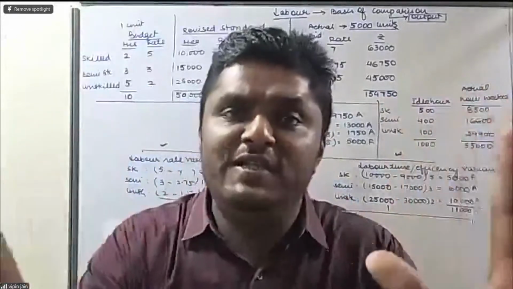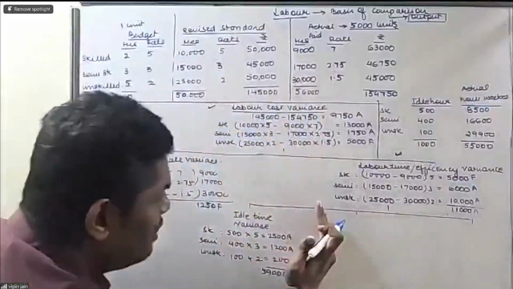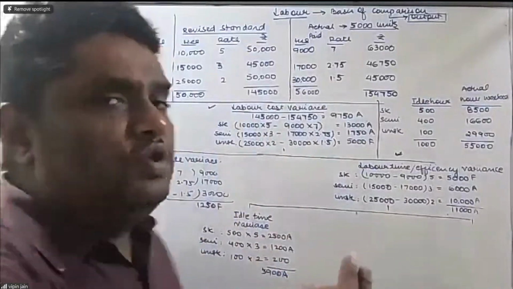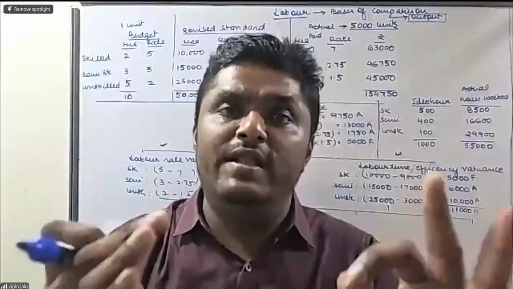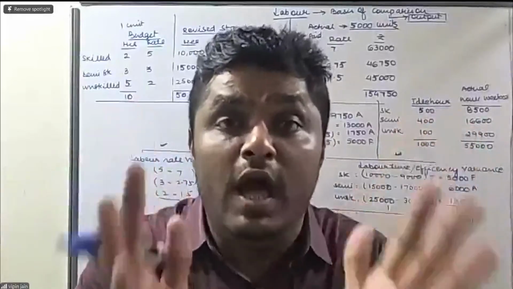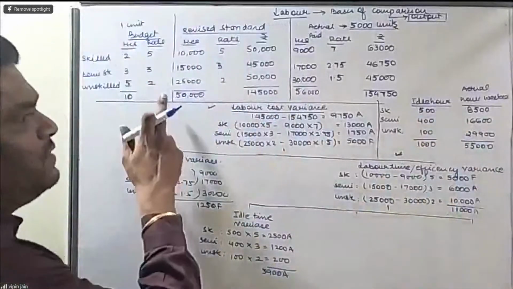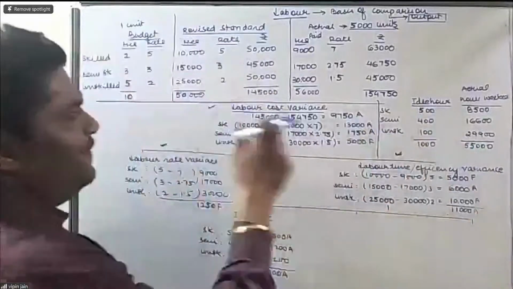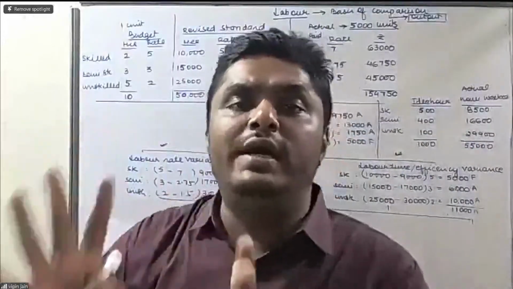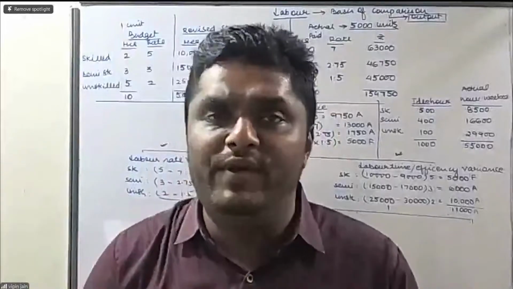So of this difference of 6,000, 1,000 is already considered separately in idle time variance. So now we are left with a difference of 50 and 55,000. The 1,000 hours difference, we have already calculated and considered separately in idle time variance.